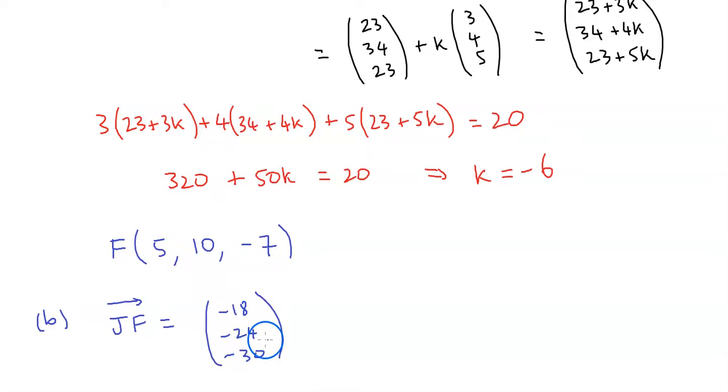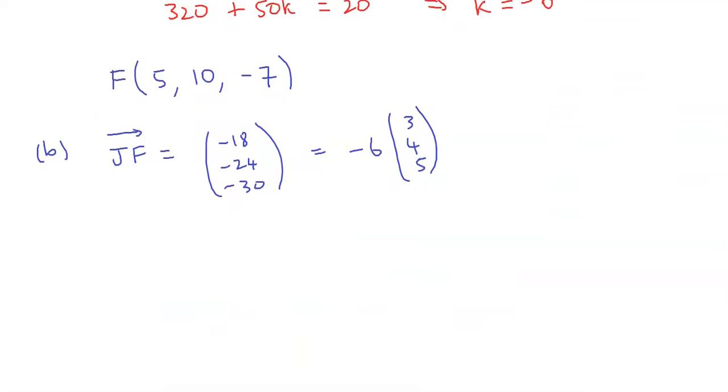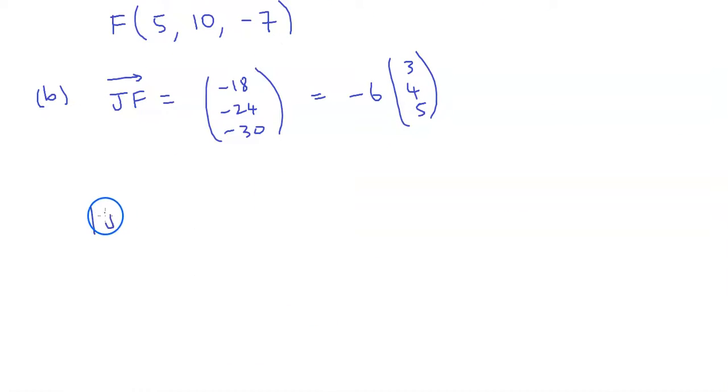And I just realized there was no point in writing that out. It's actually better just to leave it as negative 6 times the vector (3, 4, 5), because we're just calculating its length anyway. So the length of JF is equal to the absolute value of negative 6 times the length of the vector (3, 4, 5).